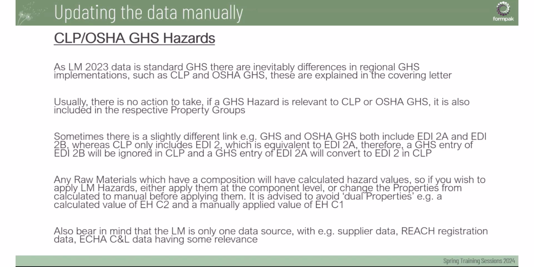Sometimes, however, there's a slightly different link. So in GHS and in OSHA GHS, both eye irritation 2A and eye irritation 2B are included, CLP only includes eye irritation 2, which is equivalent to the more hazardous eye irritation 2A in GHS.